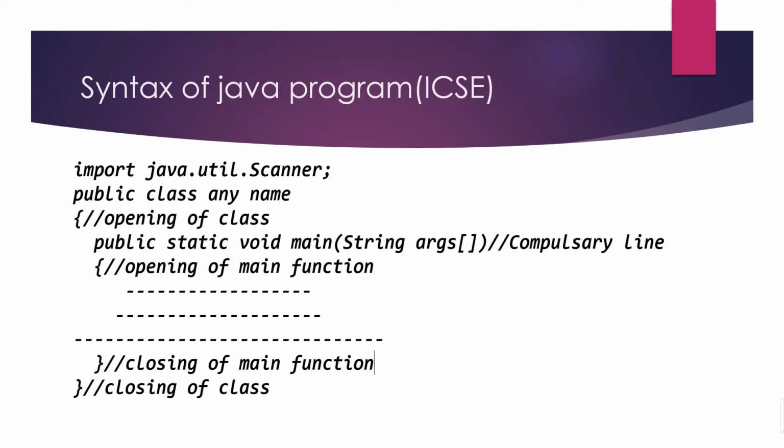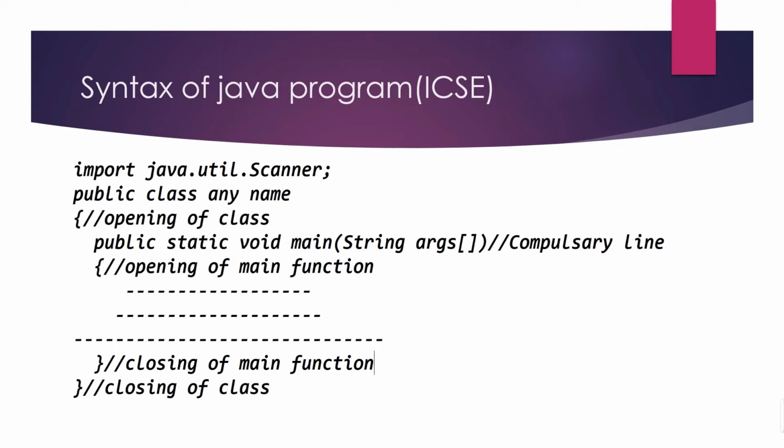Then we should give the class name, public class, any name. For example, if the question asks for a class name of sphere or volume, you should use that particular name. If not asked, you should use the question name. Then this curly bracket is important because it is the opening of the class.